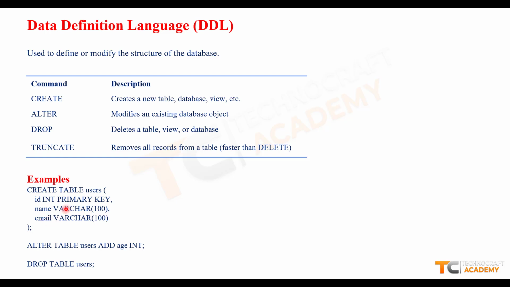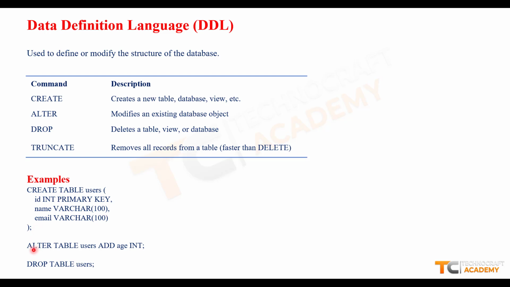Varchar is a data type here. Similarly, the id in users is integer, which is also a data type. Varchar with 100 in brackets defines the length of the name, so we can have a maximum of 100 characters. Similarly for email we can also have 100 characters.